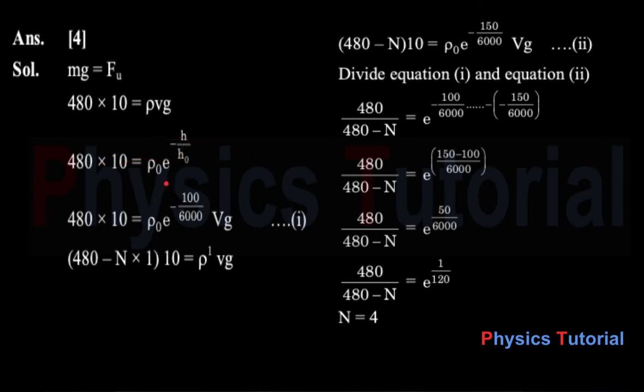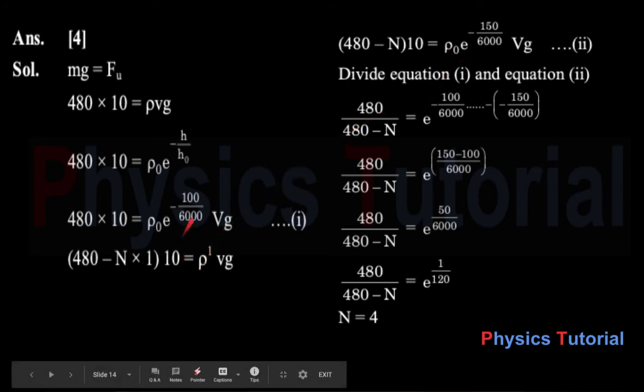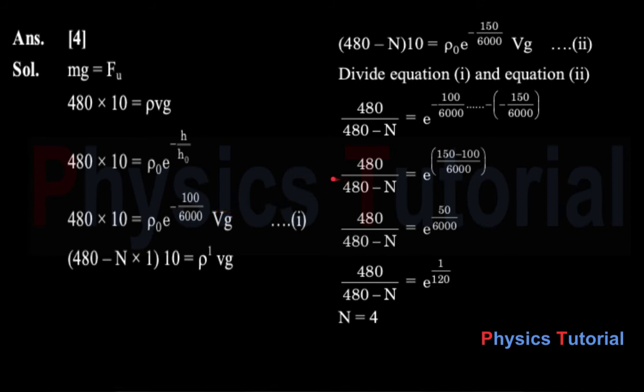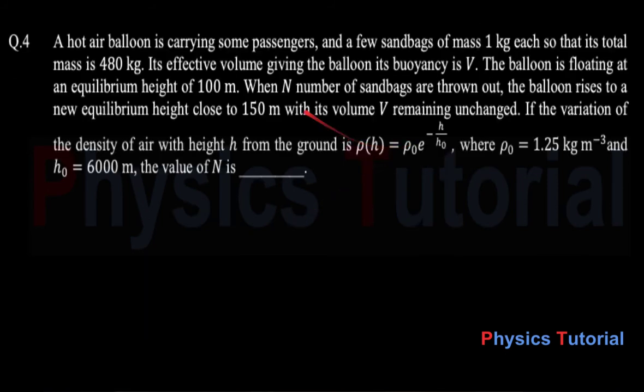This formula you can use over here. So substituting those values, we see over here 480 minus n into 10 is equal to rho naught e to the power minus 100 upon 6000. This is the second equation, and when the height was 100 meter.